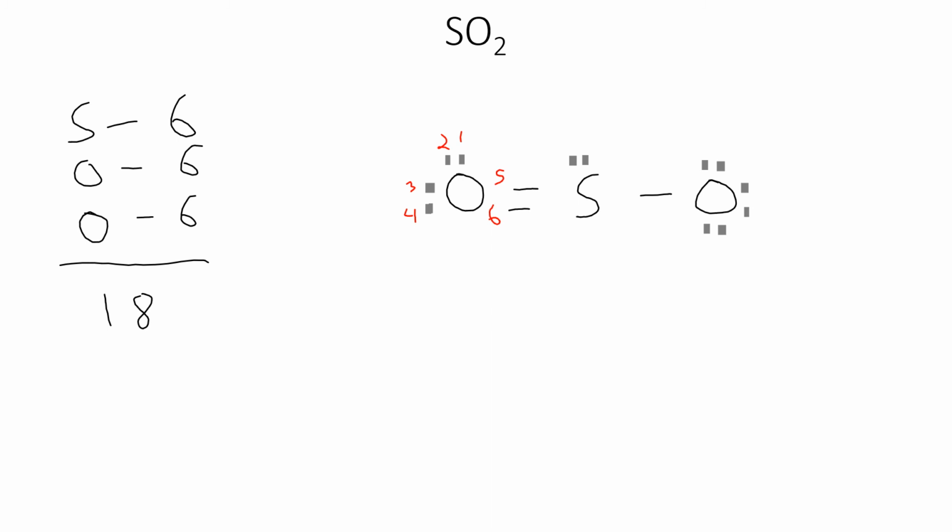When we do the oxygen on the right, I'll do this in purple. 1, 2, 3, 4, 5, 6 from all the lone pairs. Those will definitely belong to the oxygen. But remember, the bond gets split evenly between the oxygen and the sulfur. So the oxygen on the right gets 1 of the electrons from the bond, so that makes 7.